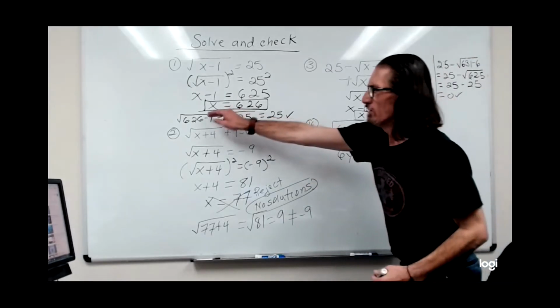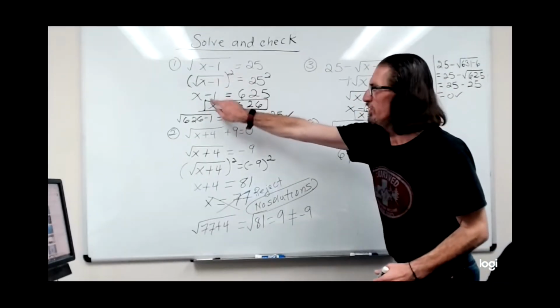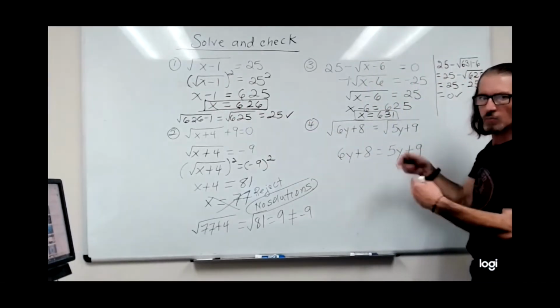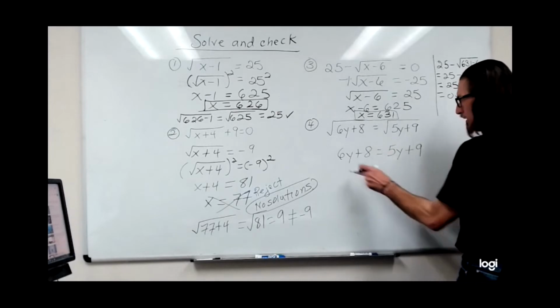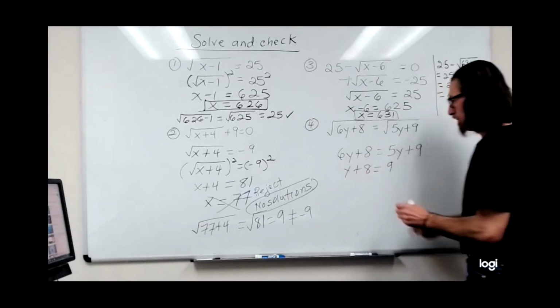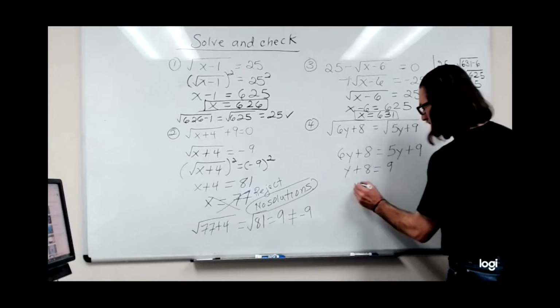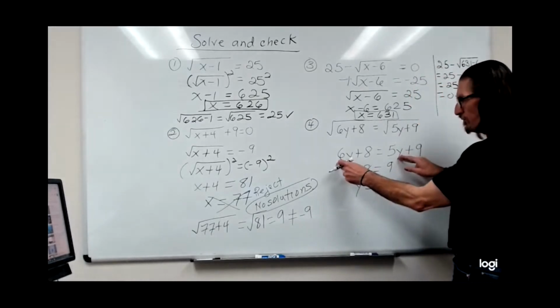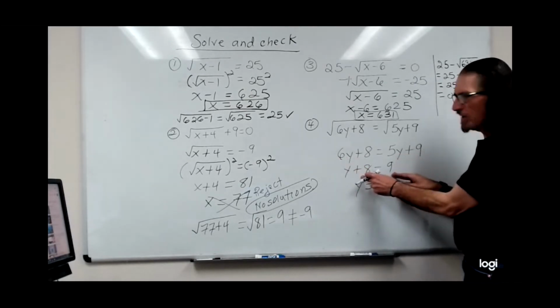Back here, I wrote that I was squaring it before I wrote that it had canceled. Now in these last two, I'm combining a little bit. Combine the y's. Combine the constants. They were on opposite sides, so I subtracted 5y, and then I subtracted 8.